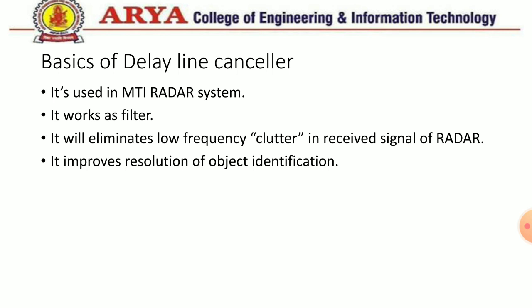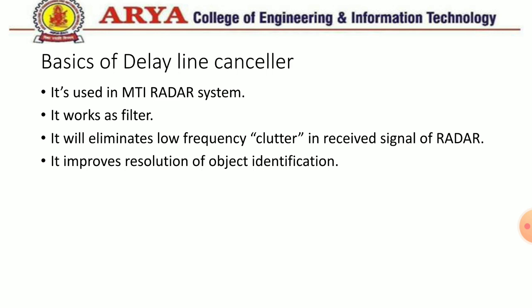So this delay line canceller will be eliminating low frequency components, which are referred to as clutter in radar, and because of the delay line canceller it improves the resolution of object identification.